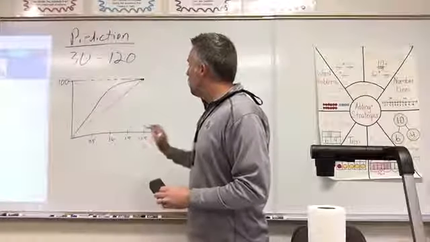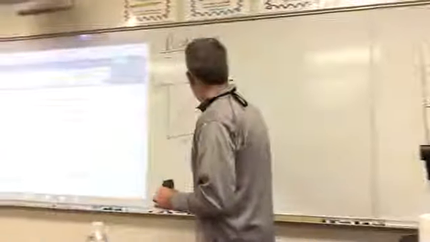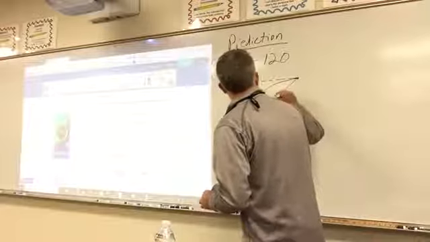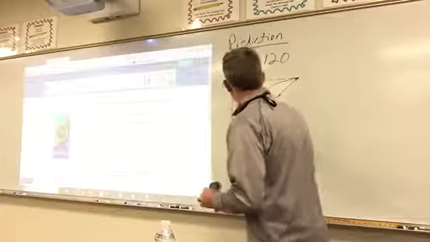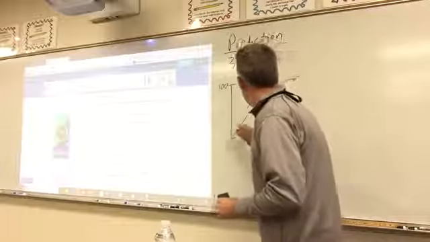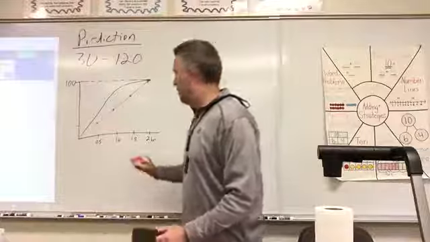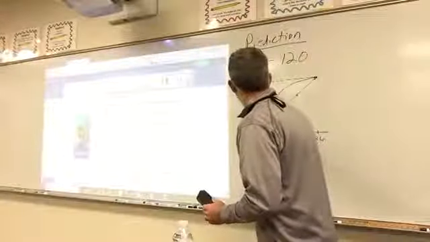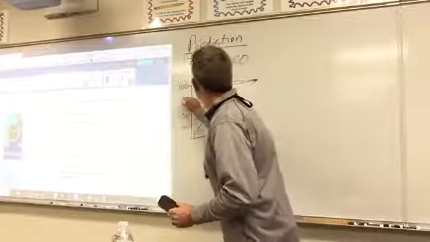So if it was linear, let's ignore the black one. What percent charge would I be at there, there, there, and there? If it was the red one, what would my answer be? 25%. Do you guys agree that's 25%? And then this one would be 50%. And then this one would be 75.